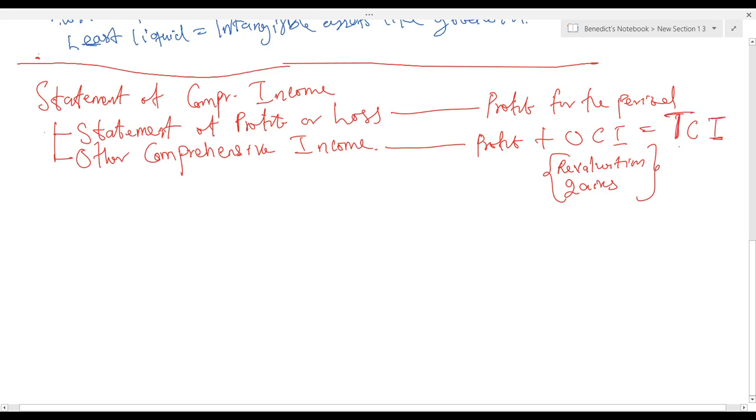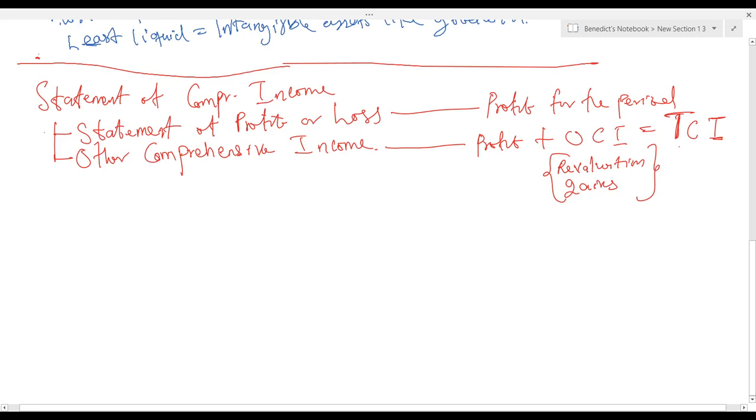All right. So of course, while you wouldn't use other comprehensive income too much in preparing financial statements at this level, when you are discussing what the various standards require, you would of course have to make reference that particular disclosures are to be made in the statement of other comprehensive income, that particular expenses and particular items of income should be presented in OCI and not in profit or loss.